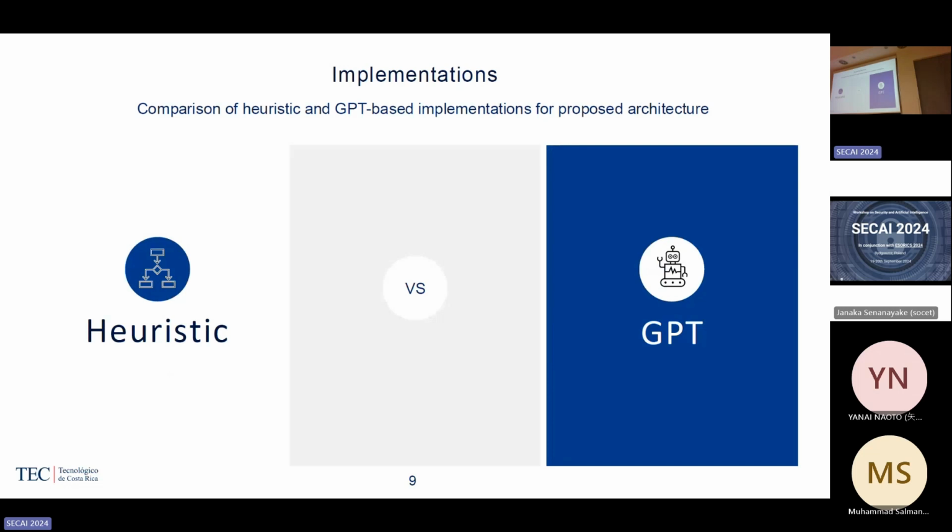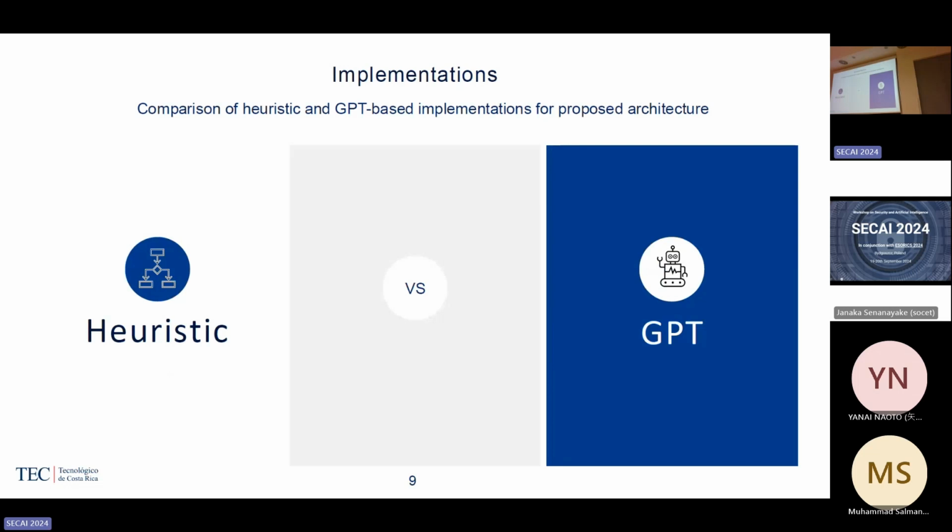So we base our heuristic implementation on the structure that the writers propose. Using normal code, we created a program that is able to extract information and divide the description into specific steps, by grabbing versions and things like that. This is the heuristic approach that we are going to compare with the GPT approach.